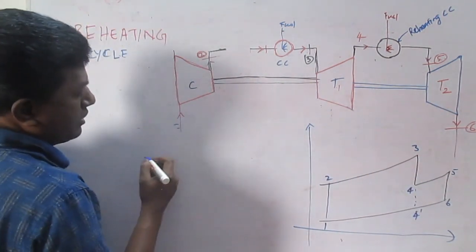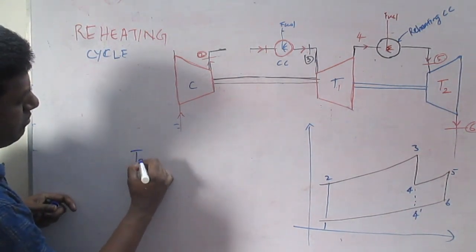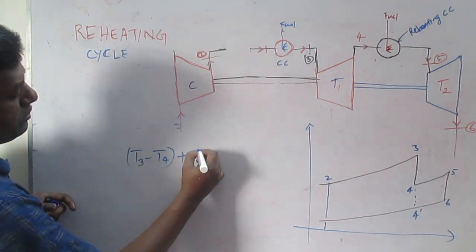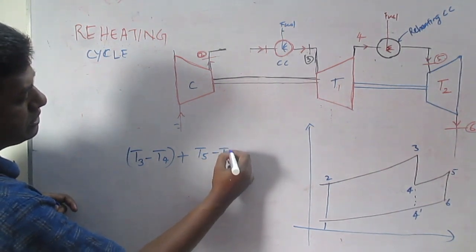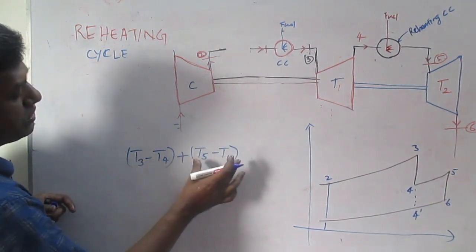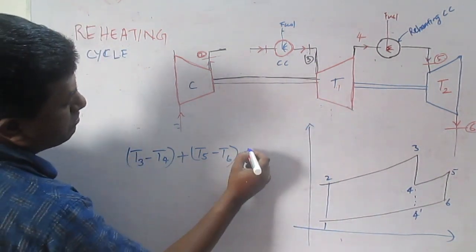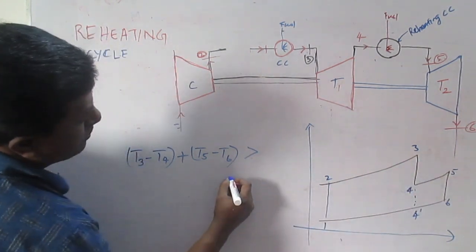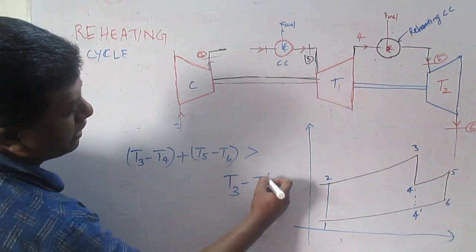So what it says is T3 minus T4 plus T5 minus T6, the combination of these two operating temperature ranges for turbine 1 and turbine 2, will be greater than T3 minus T4 dash.